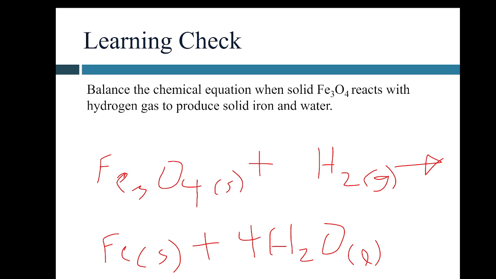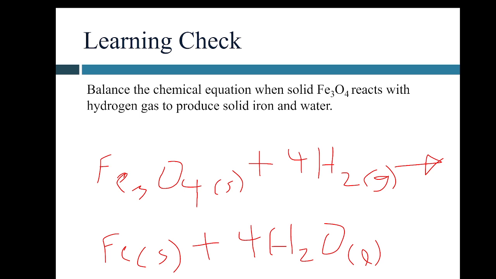So that does create a situation for us though, doesn't it? We now have 8 hydrogens on the product side, but only 2 on the reactant side so far. What do we put in front of the H2 then? 4. Yeah, we're going to even those up. And then what's the last number we need to do? 3 in front of the Fe.